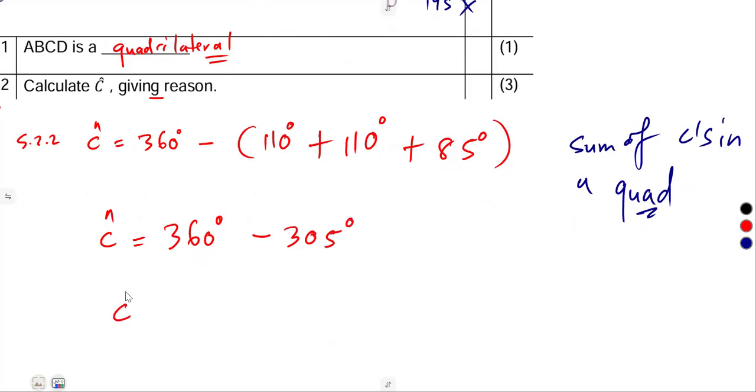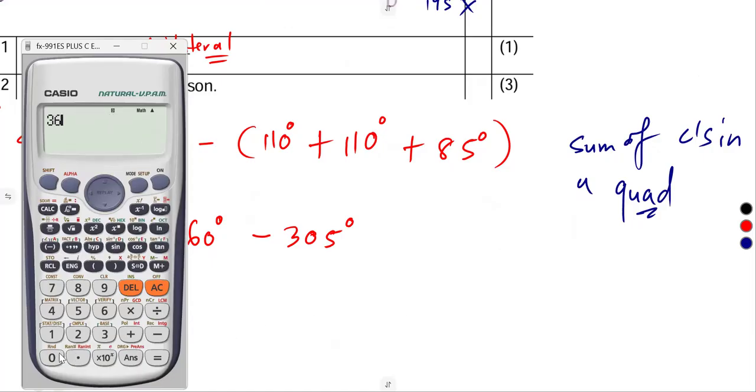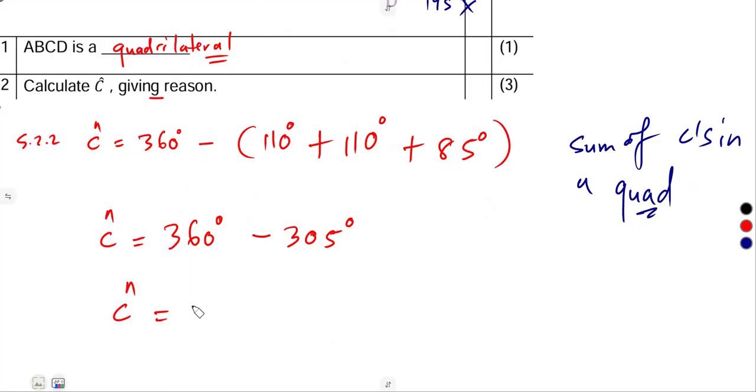Then angle C is 360 minus 305, which gives us 55 degrees. So angle C is 55 degrees.